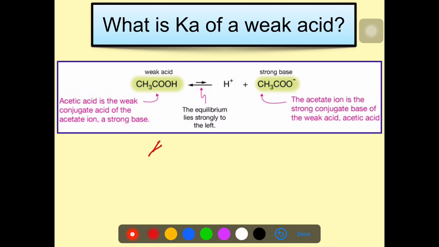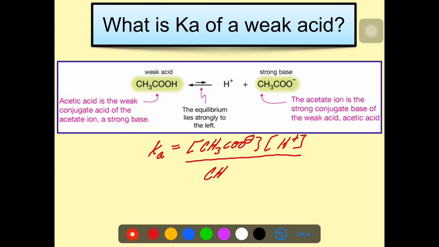So I will write the expression for Ka. Ka is concentration of acetate ions into concentration of H plus ions divided by concentration of acetic acid. The larger the value of this Ka, stronger is the acid, and the smaller the value of Ka, weaker is the acid.